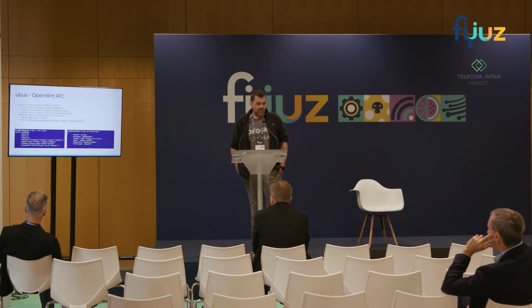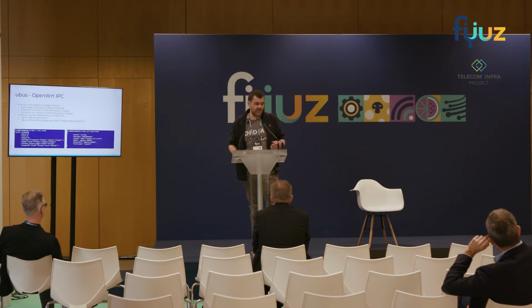Yeah, so how does communication between services on OpenWRT actually work? We have a thing called UBus. UBus is a very integral IPC tool inside OpenWRT. Any service that is OpenWRT specific will talk UBus. Even the services amongst each other will talk UBus. UBus is essentially a remote IPC bus.